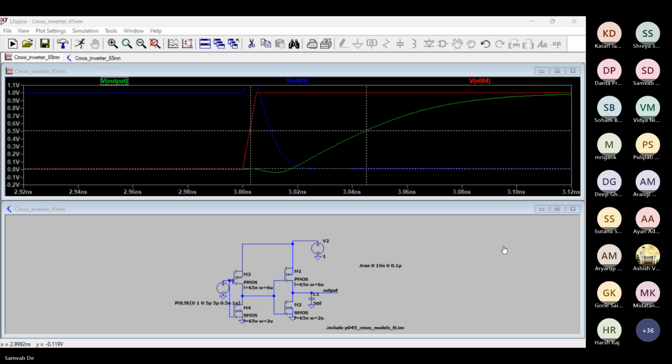Drain to body capacitance of M3 and M4. Yes, drain to body capacitance, because the body terminal of M3 and M4 is at VDD and ground. So from drain to body, CDB of M3 and M4 will also come between the output node of the first inverter and AC ground. Anything else?